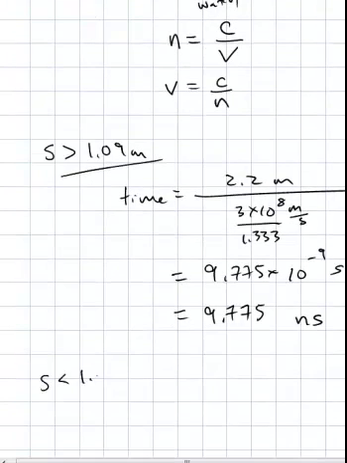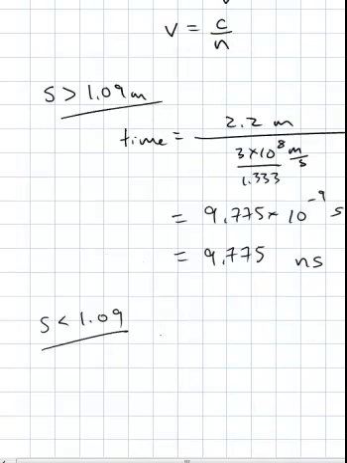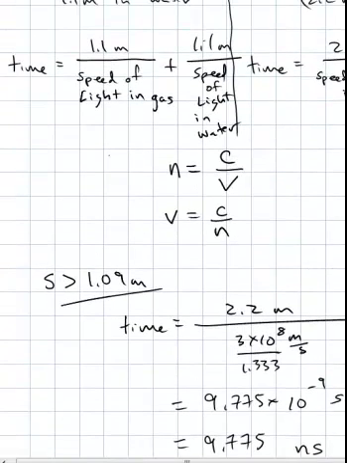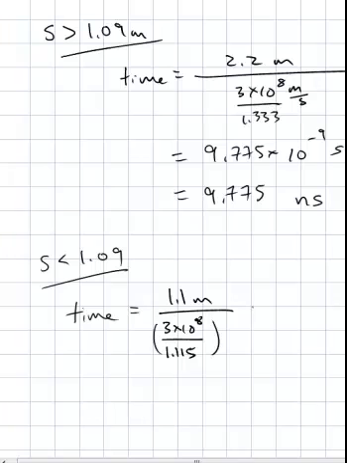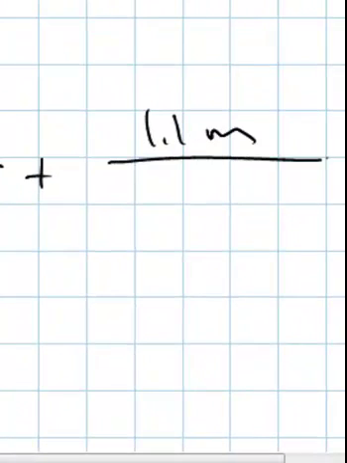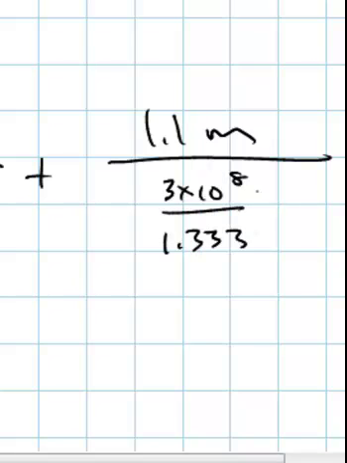And for S less than 1.09, that's this case here, we have 1.1 meters over 3 times 10 to the 8th over 1.115, plus 1.1 meters over 3 times 10 to the 8th over 1.333.